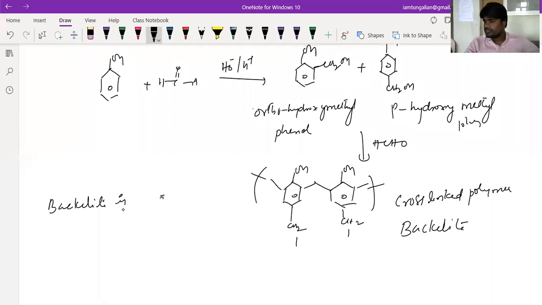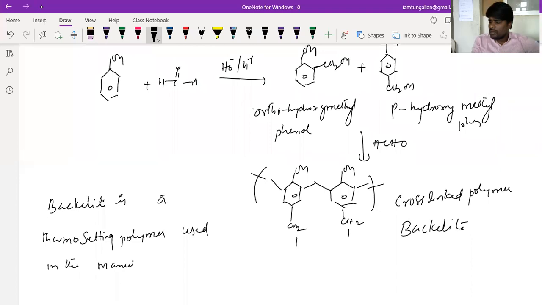This is a thermosetting polymer used in the manufacture of electrical switches and insulators.